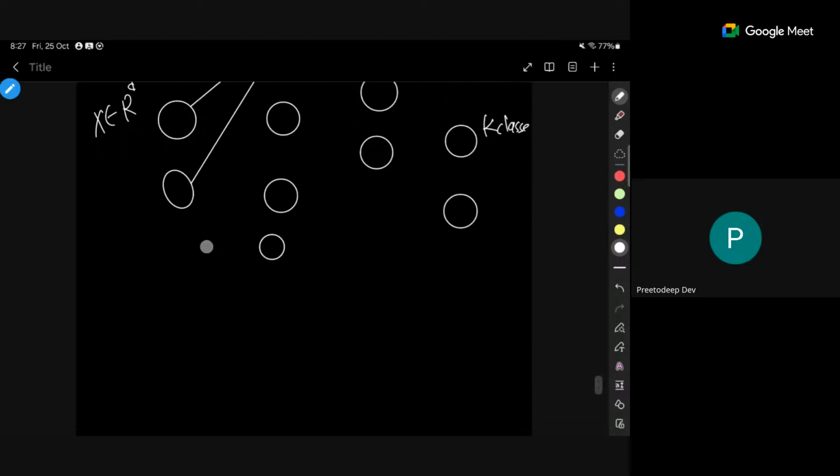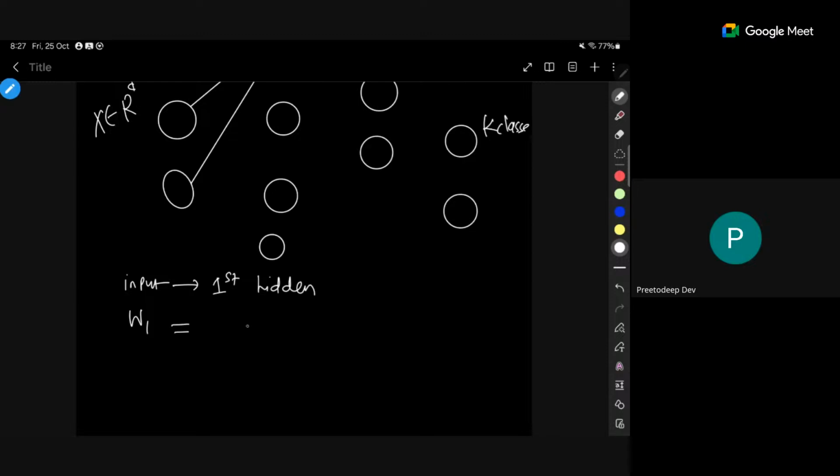Now, how weights are written: let's say weight 1 connects the input layer and the first hidden layer. So input to first hidden are called weight 1.